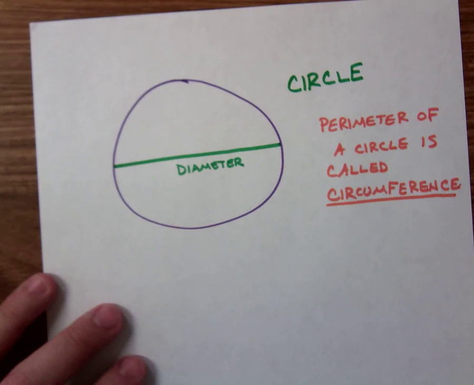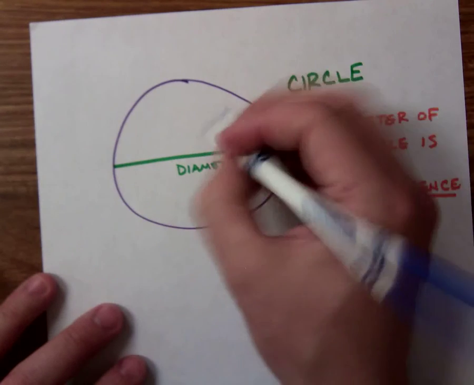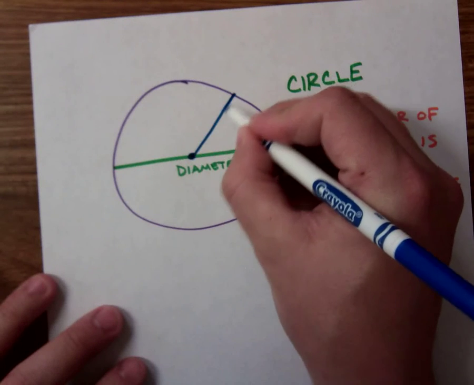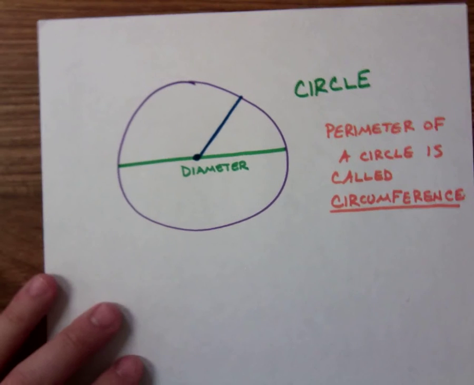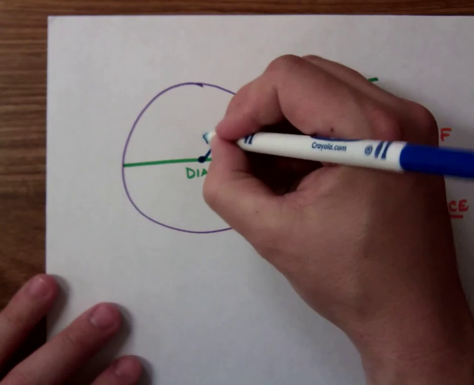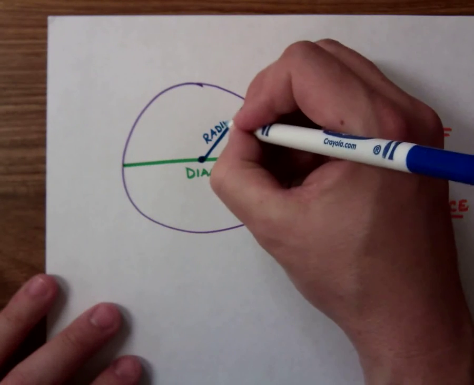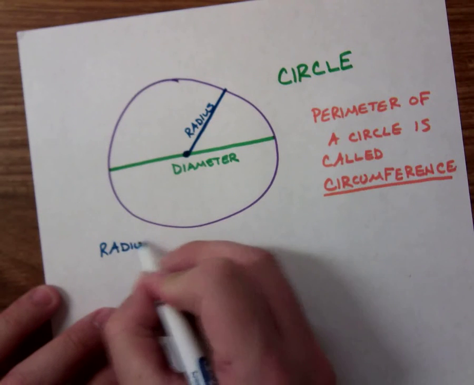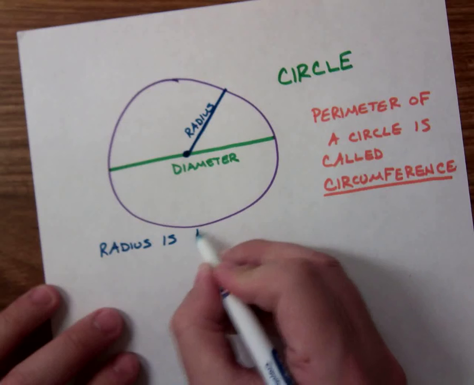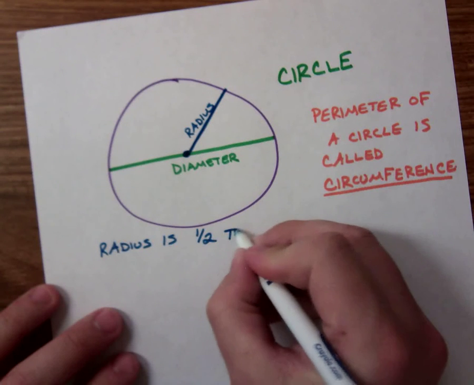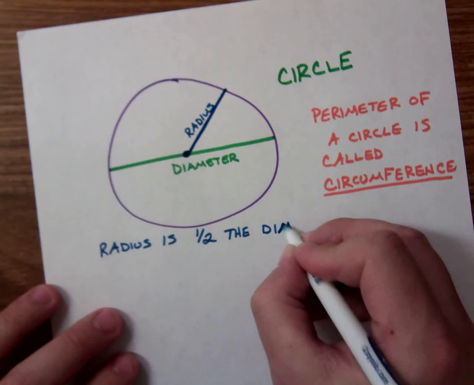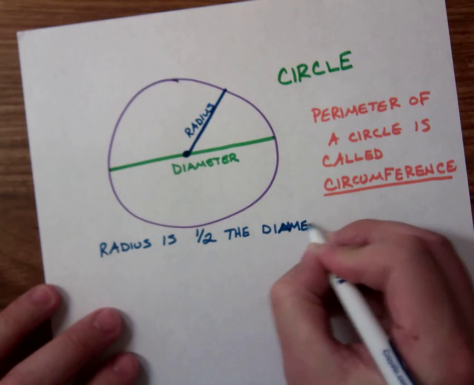Okay? And then I'm going to draw another line here. Do you know what that line's called? Radius. That's the radius. The radius is half the diameter. Oops, can't spell diameter. There we go.